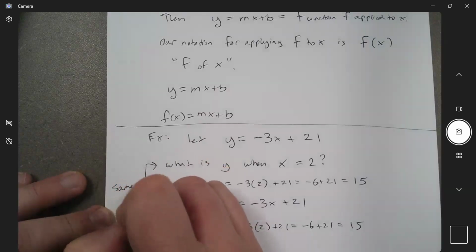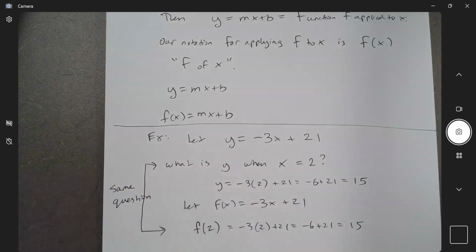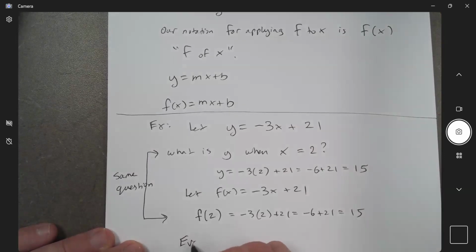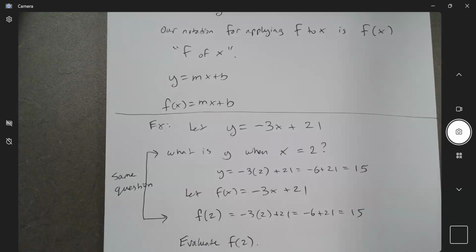So these are the same question. And we would often write this as evaluate f of 2. This means find y when x equals 2.